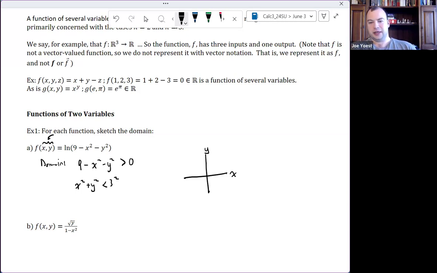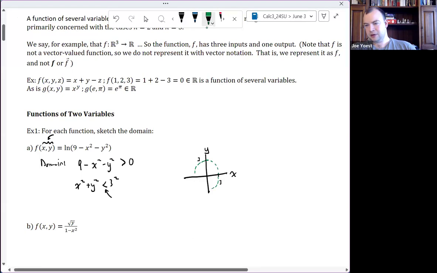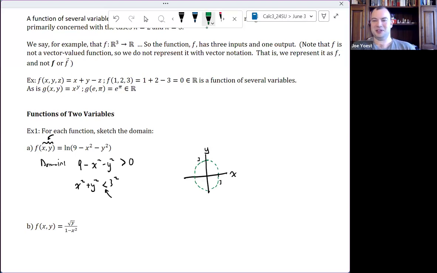So I know that my boundary is a circle of radius 3. I also know by my strict inequality that I do not want to include my boundary, so I'm going to draw it with a dashed line. I can almost guarantee that at some point today I want to draw something as a dashed line. I'll draw it as a solid line, and then probably realize it two minutes later and have to go back and fix it.